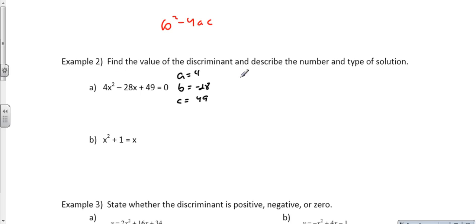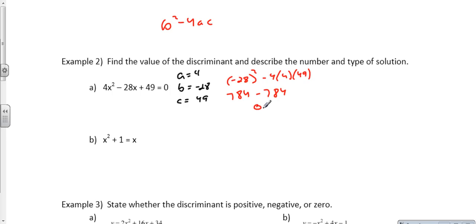That means the discriminant will be negative 28 quantity squared minus 4 times a times c, which is 49. Negative 28 squared is 784. Negative 4 times 4 times 49 is negative 784.